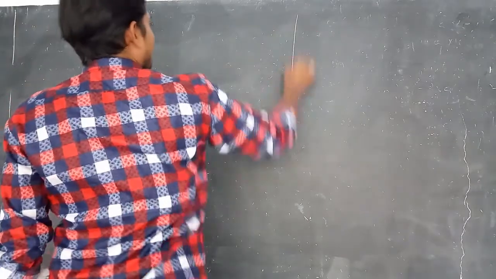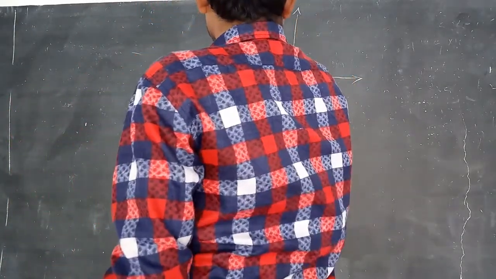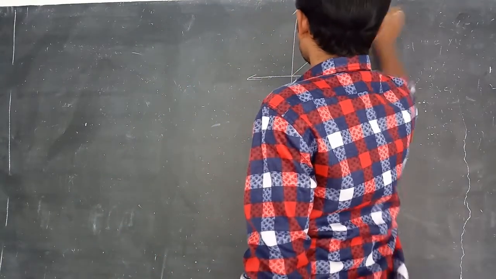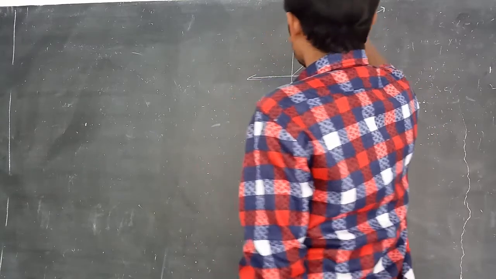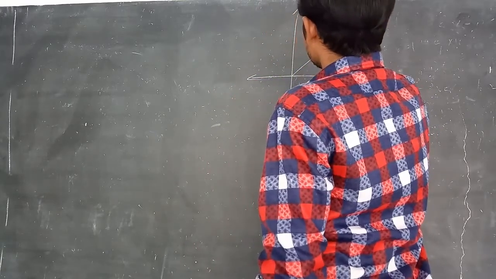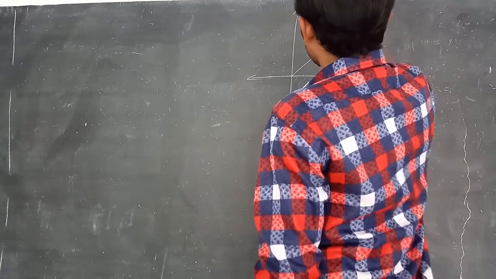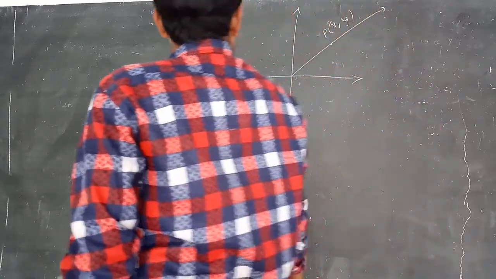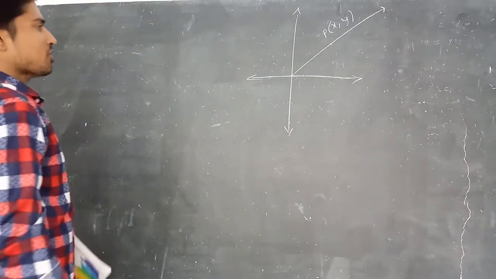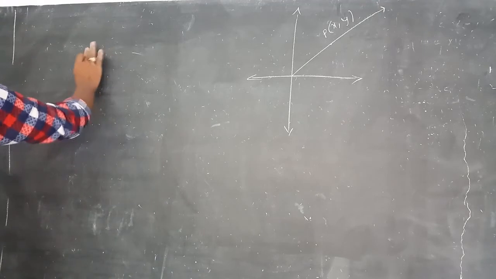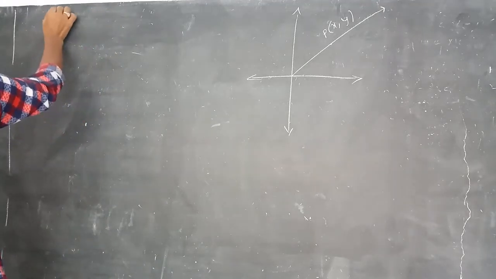When the line is passing through the origin and has slope m, I am taking a point P (x, y).